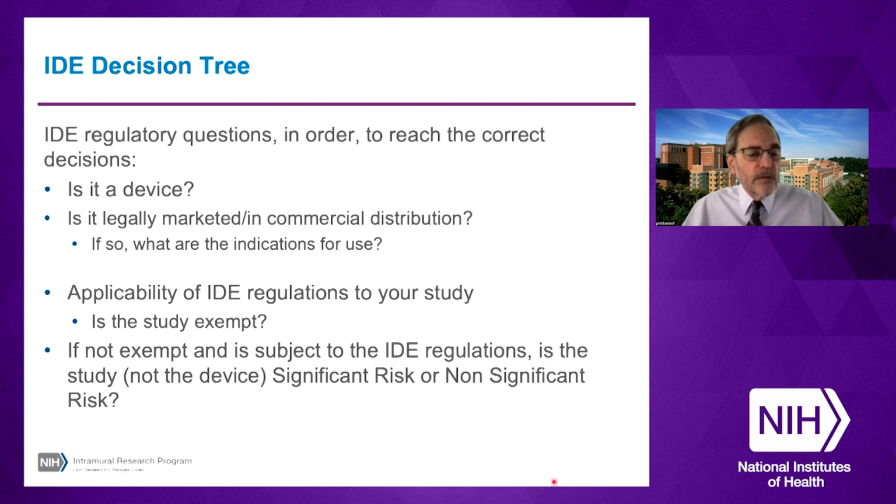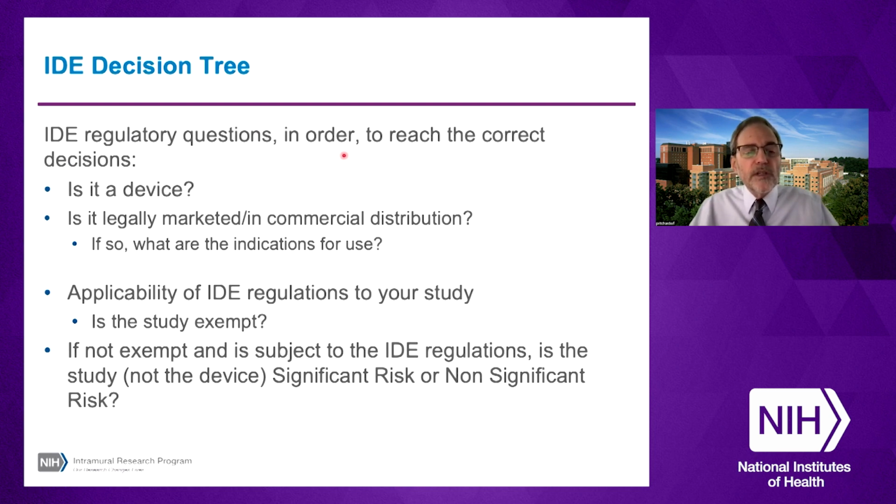Presuming it's a device, you need to understand if it's already marketed and in commercial distribution, and if so, what are the indications for use? That will determine whether the study's exempt or not. So then you need to determine whether the IDE regulations apply to your study. Is the study exempt? And finally, if it's not exempt and is subject to the regulations, is the study, not the device, but the study as a whole, a significant risk or non-significant risk study?